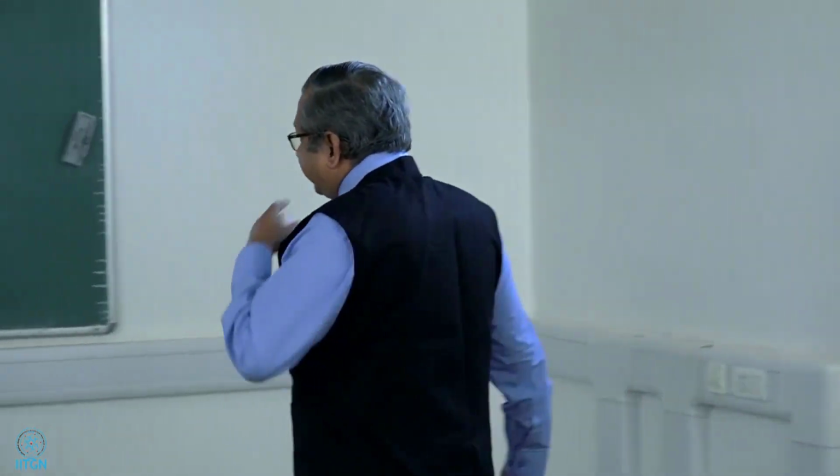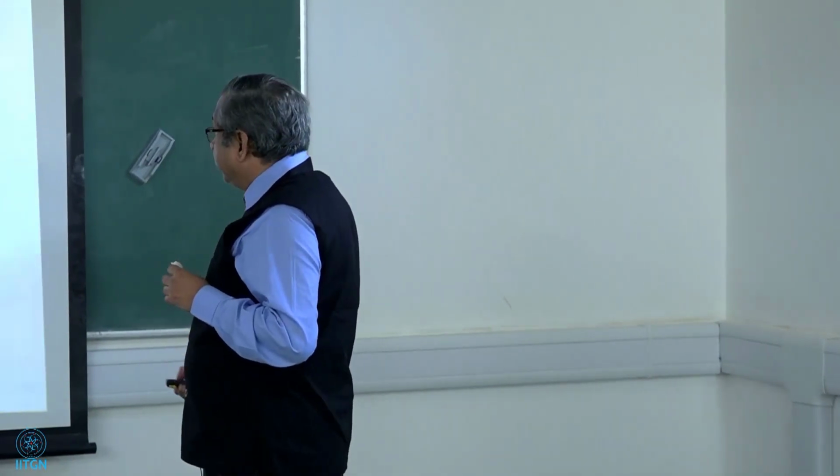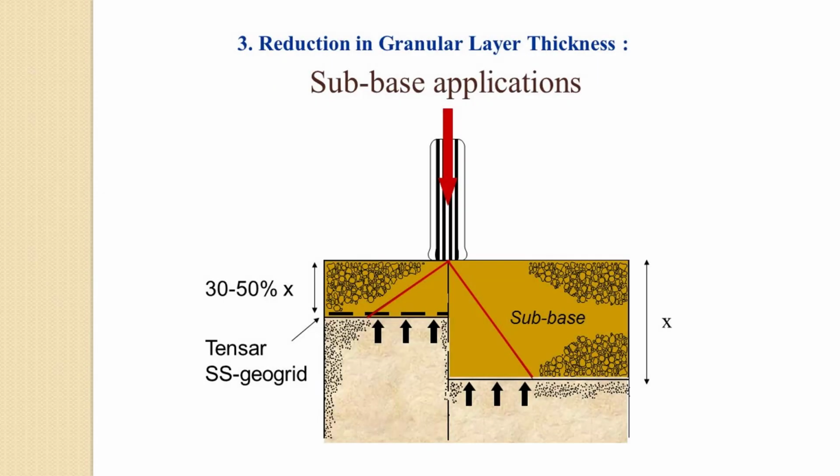If you look at it in terms of cost, here you have so much thickness, which has a certain cost. But here you have reduced thickness, but you have the extra geosynthetic material, which has a cost to it. What is the total cost of this versus this?